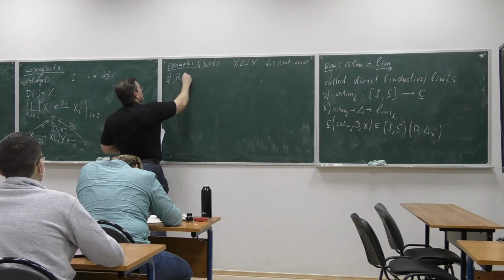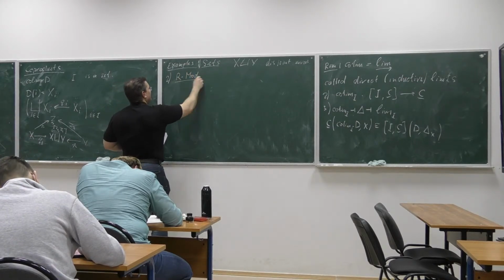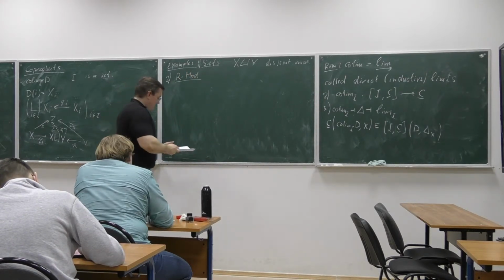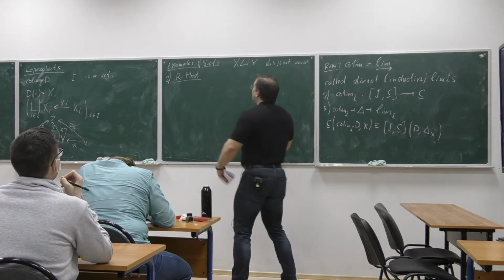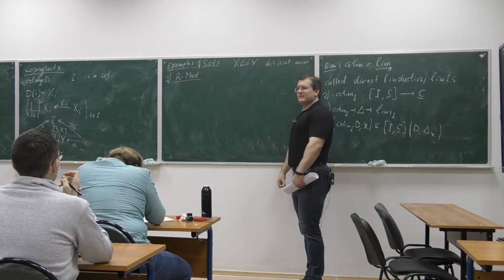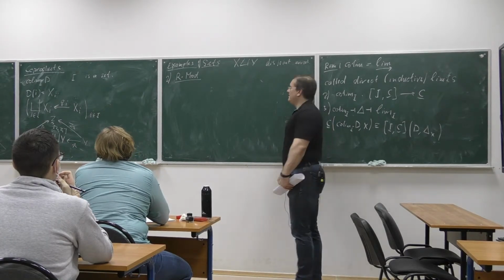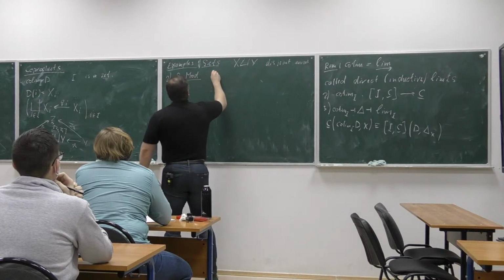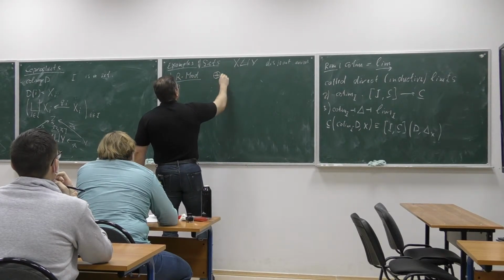Let's go to the R modules. This is an interesting example. What's a coproduct in the R modules? Well, if you already know the answer, yes, this is the direct sum.